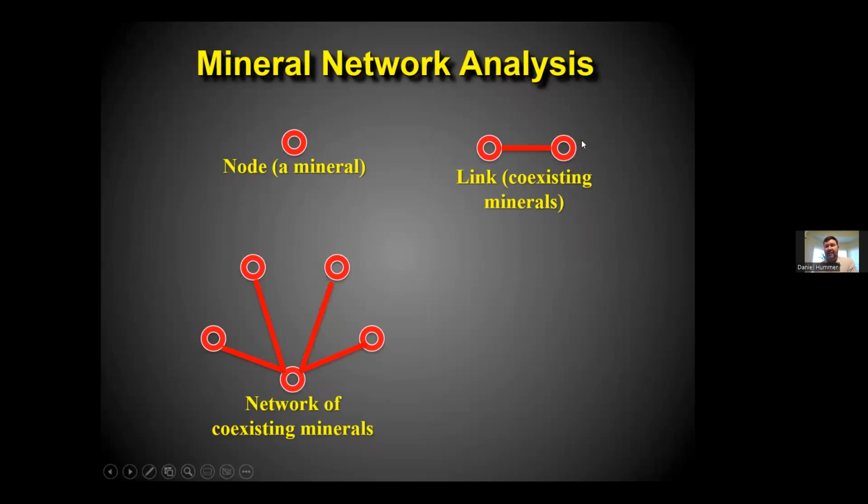Anytime there is a link between two nodes, that indicates that those two different mineral species occur together somewhere on Earth at one of the hundreds of thousands of localities that we have in our database. And when you have many nodes interconnected together, that means you have many minerals that co-occur at some location with a particular mineral species, and you have an entire network of coexisting minerals.